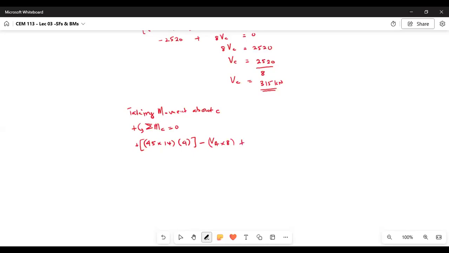Then plus HB times 0 is equal to 0. So this will give us 2,520 minus 8 VA.